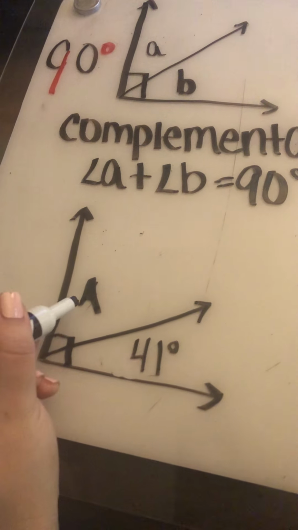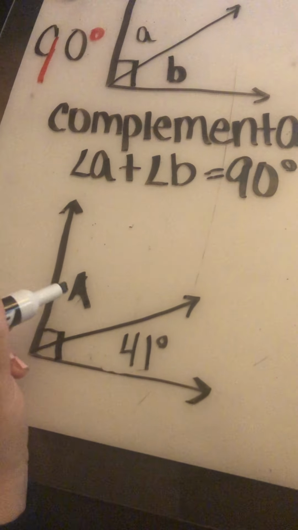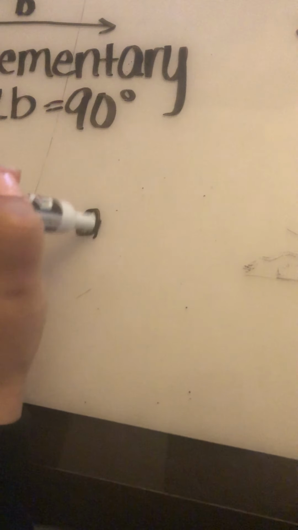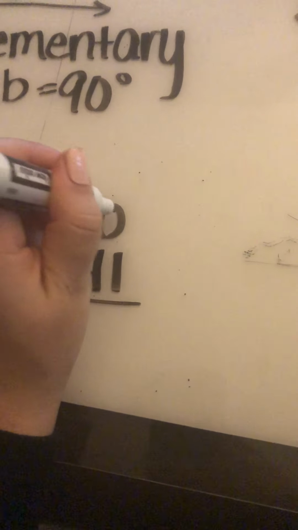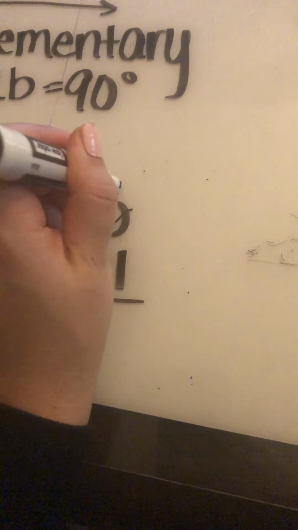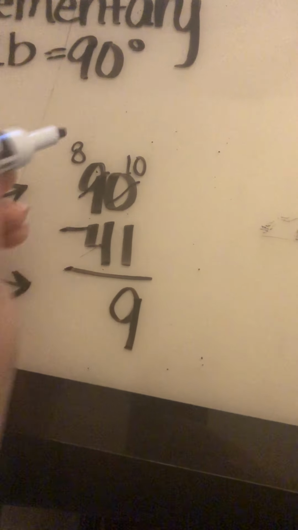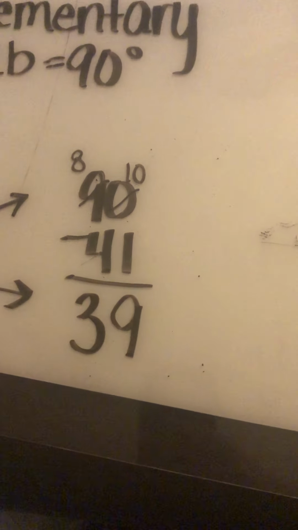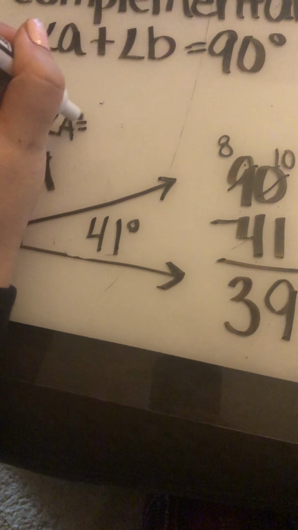So I know that angle A plus 41 equals 90 degrees. So to figure out angle A, all I have to do is 90 minus 41. If we're doing this by hand, remember to carry, right, bring over. So we get 9 here and we get 39 here. So the missing angle A would be 39 degrees.